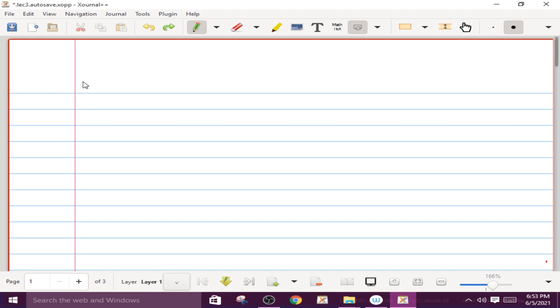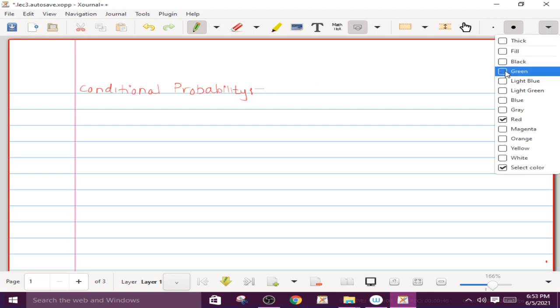Conditional probability. Let's see its definition.